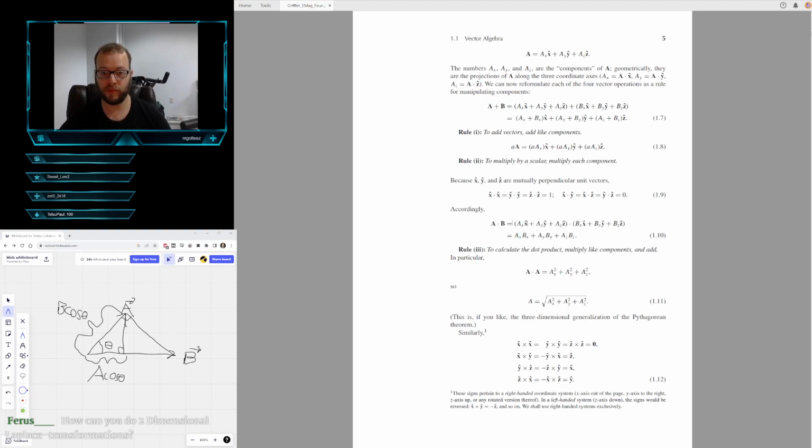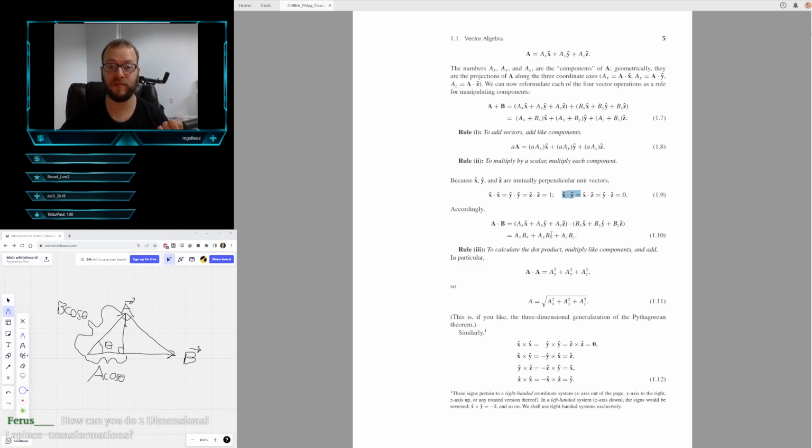And the other two terms, ax dot by and ax dot bz, are 0 because x hat dot z hat and x hat dot y hat are equal to 0. Then move on to the y component. So you'll have 9 components, but only 3 turn out to be non-zero.